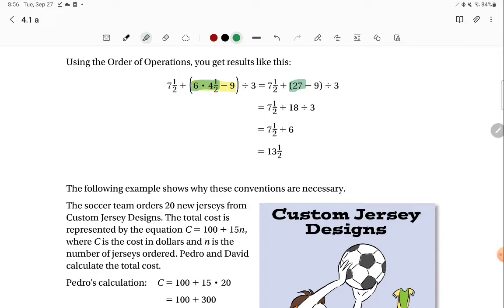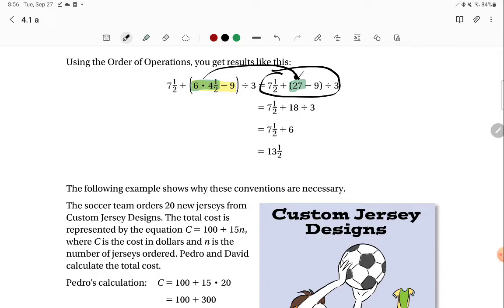And as we're working through these problems, particularly in investigation 4, please write everything down like they did here. They wrote that very first step. You notice they rewrote everything else. So nothing changed except for that 6 times 4.5 changed to 27. And you want to do that all throughout this investigation, right?